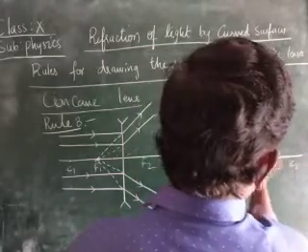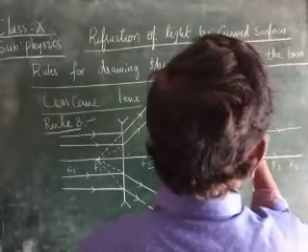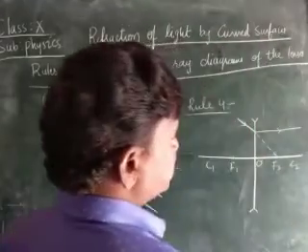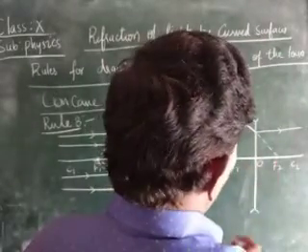The light ray is passing through the focal point. After refraction, it travels parallel to the principal axis.